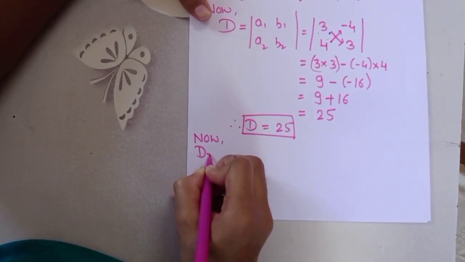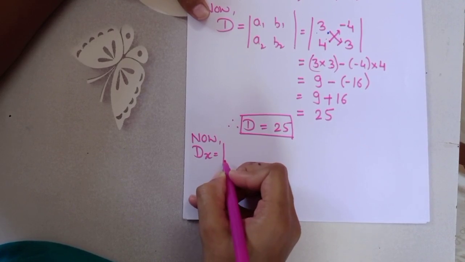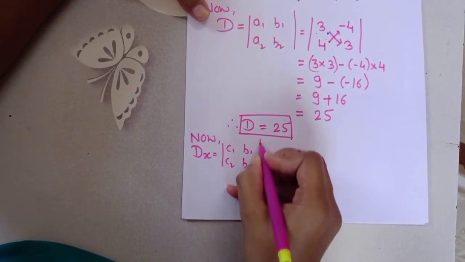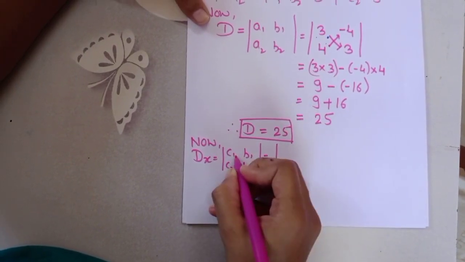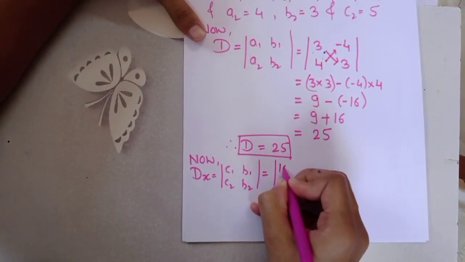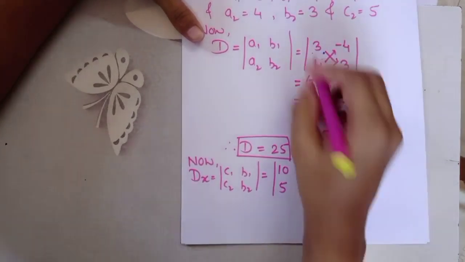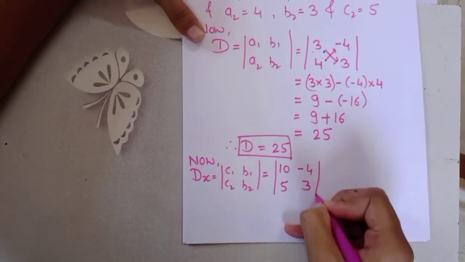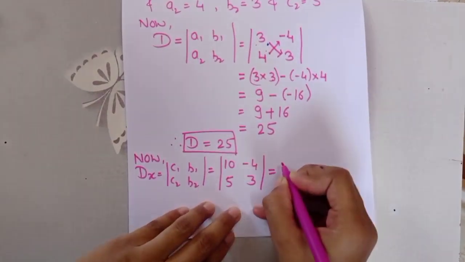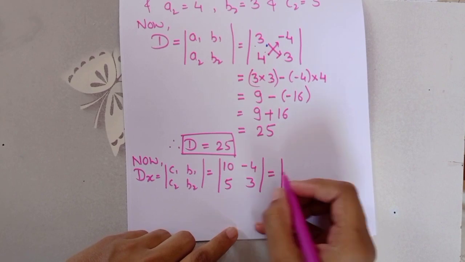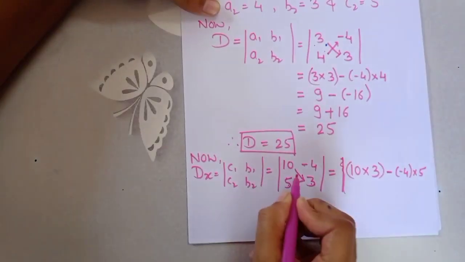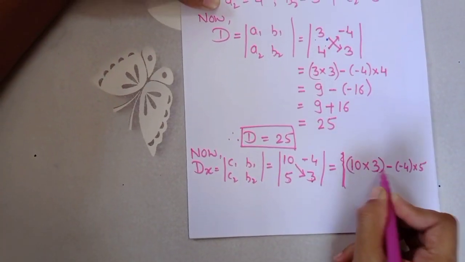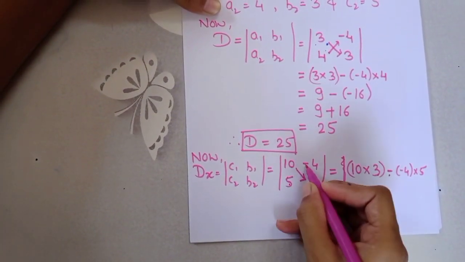Now, Dx will be equal to, we know Dx is c1, c2, b1, b2, which will be equal to, what is the value of c1? It is 10, c2 is 5, b1 is -4 and b2 is 3, which will be equal to 10 into 3 minus 5 into -4.